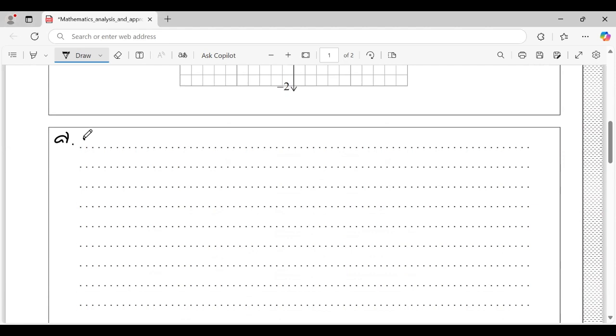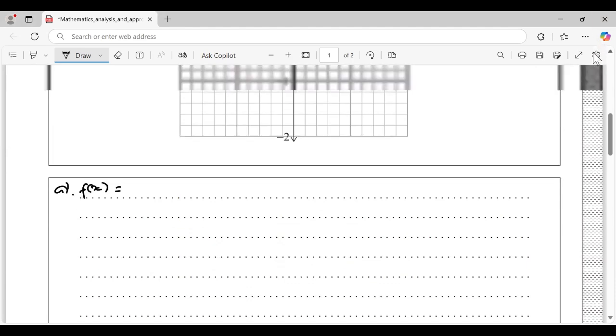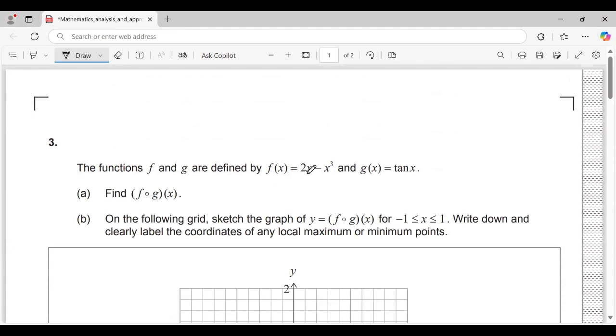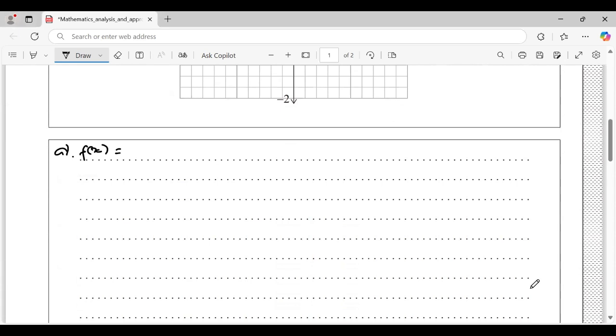I would start with f(x). According to the information, f(x) equals 2x minus x cubed, and g(x) equals tangent x.